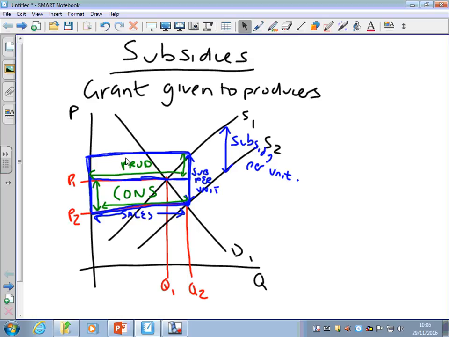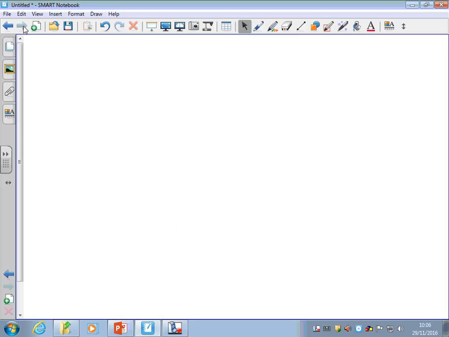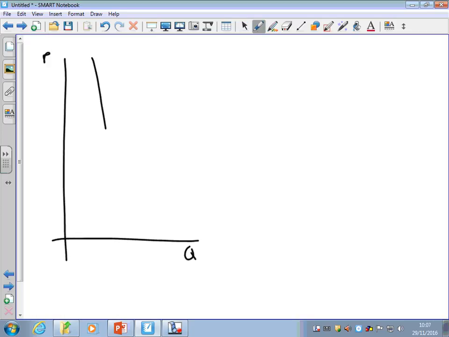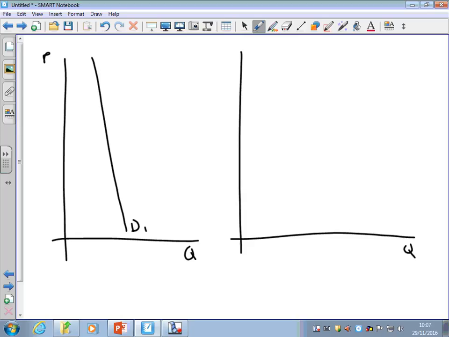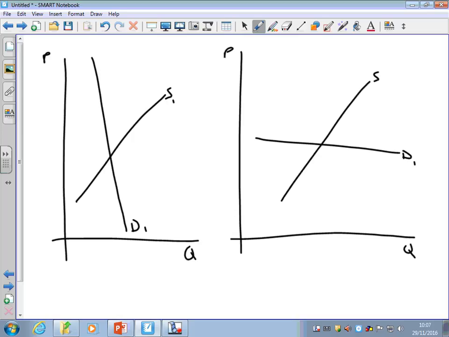Again, let's think about how elasticity will affect this. If I was to draw a price inelastic demand, and I'll draw a price elastic demand, and what we'll do, we'll add some supply curves. So we've got P1, Q1, we've got P1, Q1.